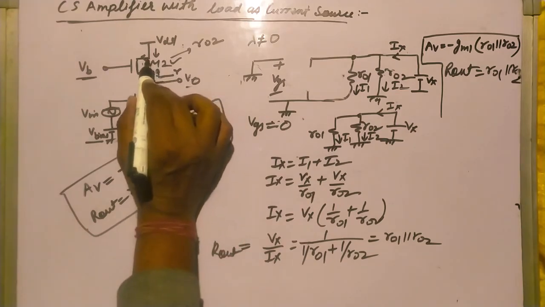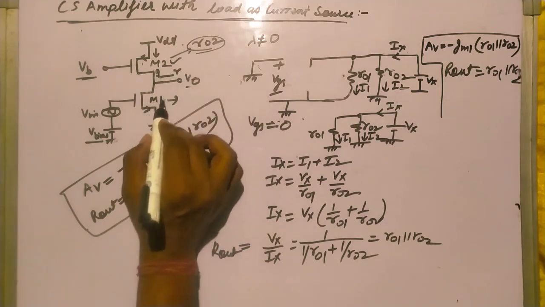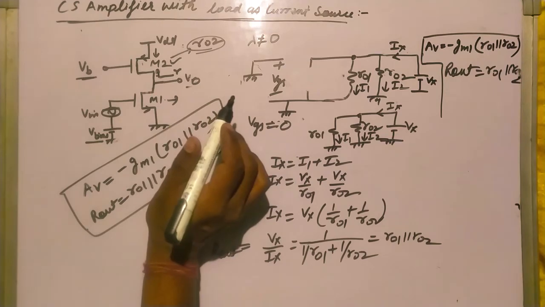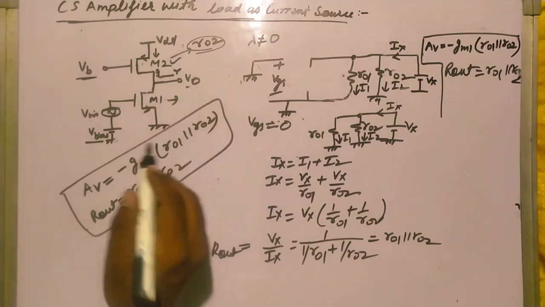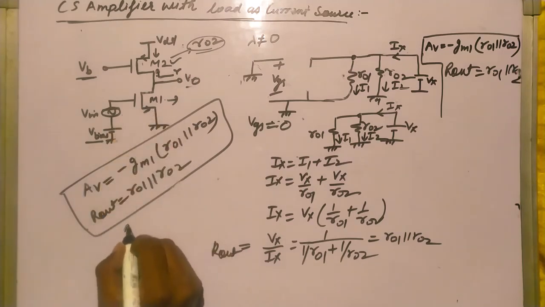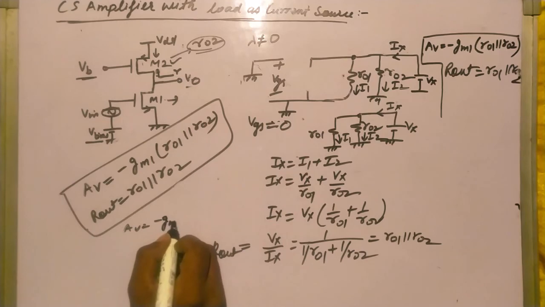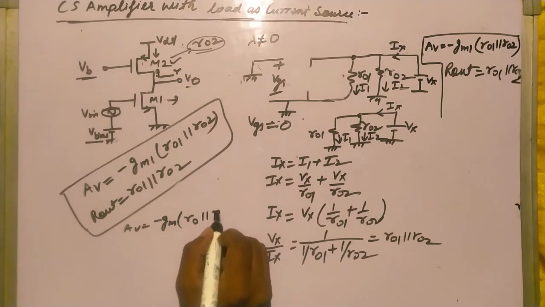See the resistance offered by it, R naught, and we know that the resistance will be coming in parallel. We know for the common source amplifier with resistive load, AV is equal to GM1 times R naught parallel RD, right?